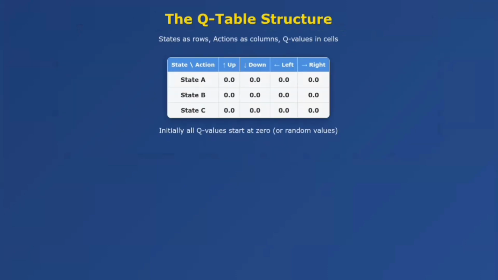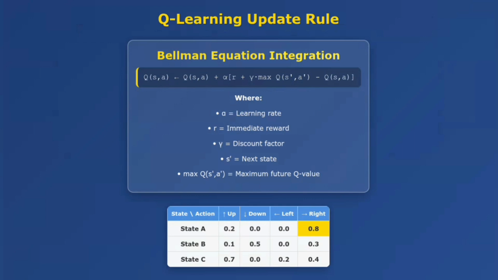The core of Q learning is iteratively updating the Q values in a table, the Q table. Imagine a table where rows are states and columns are actions, and each cell stores the Q value for taking that action in that state. Initially, all values are 0 or random. When the agent takes an action, it observes the reward and the next state.